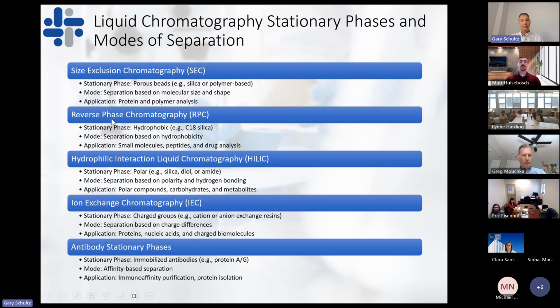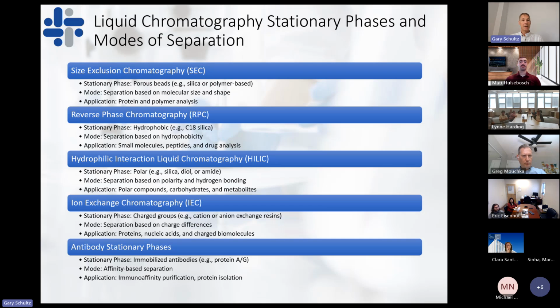Reverse phase chromatography is probably the most commonly used stationary phase, typically used for small molecules and peptides. The separation is based on hydrophobicity. We typically run a solvent gradient that slowly changes from high aqueous to high organic.